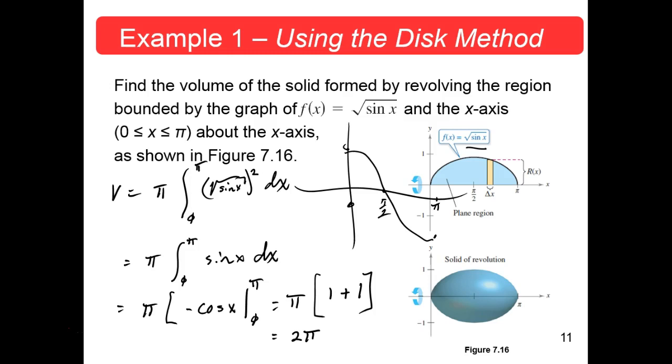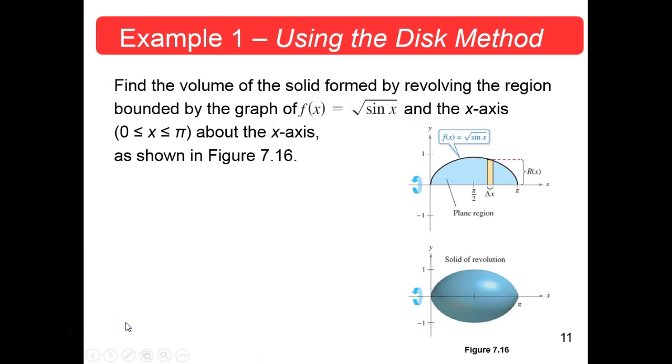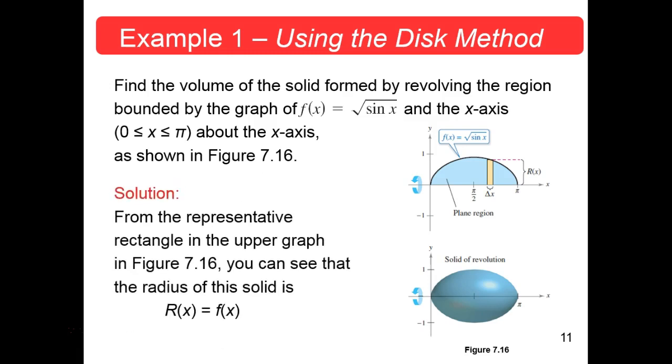Any questions on example 1? Well, let's see how they do it. From the representative rectangle that they drew there, in the upper graph of 716, you can see the radius of that solid is your f of x.